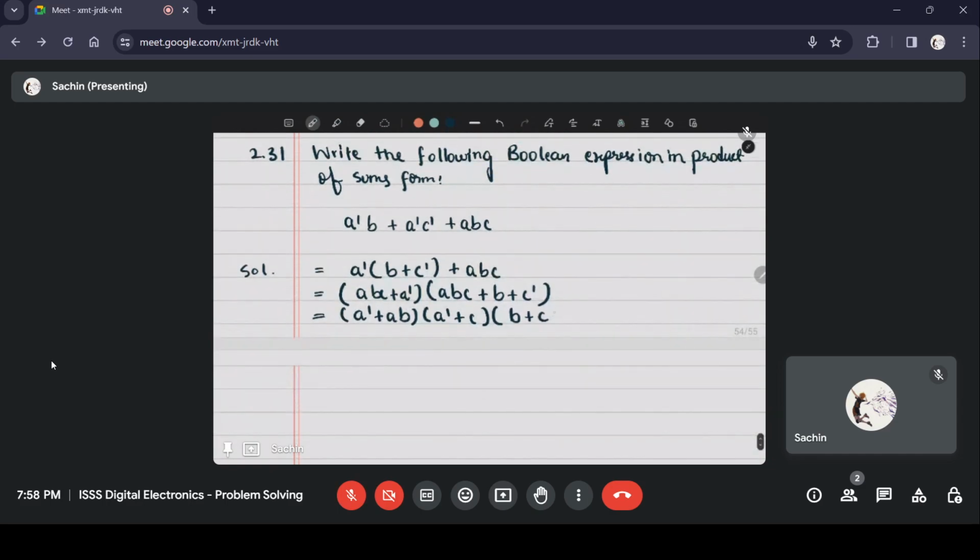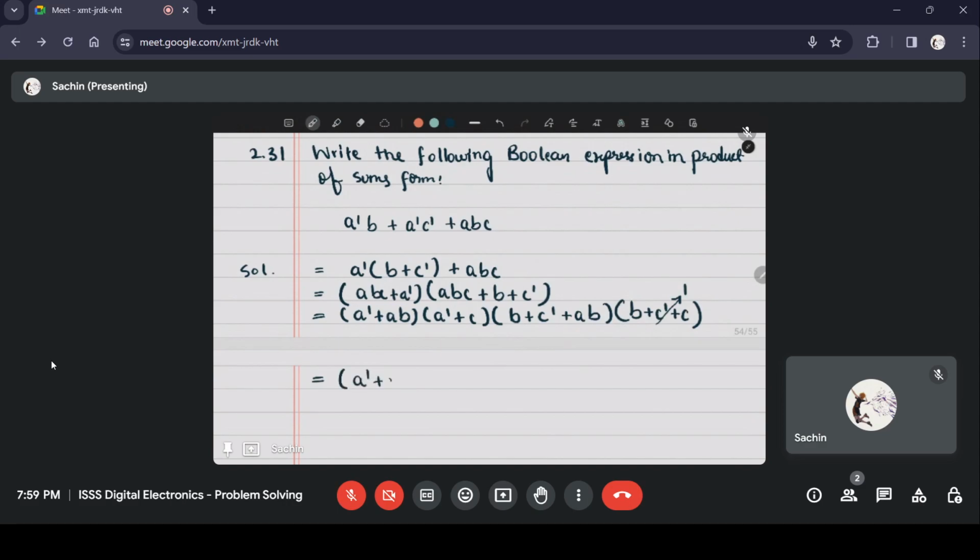This can be written as b plus c prime plus ab into b plus c prime plus c. C prime plus c is 1, 1 plus b is nothing but 1, so the last term will just go to 1.